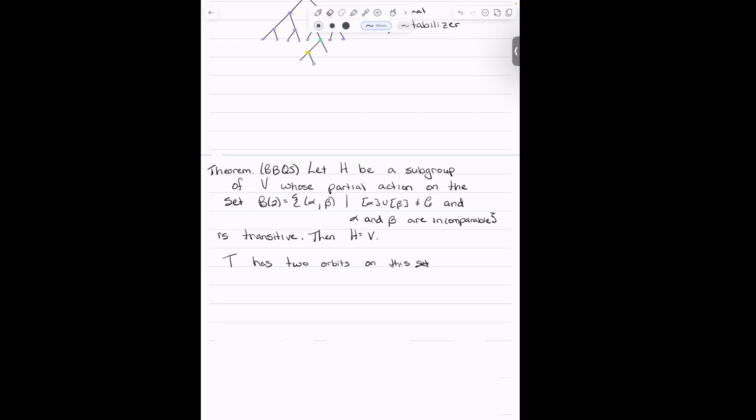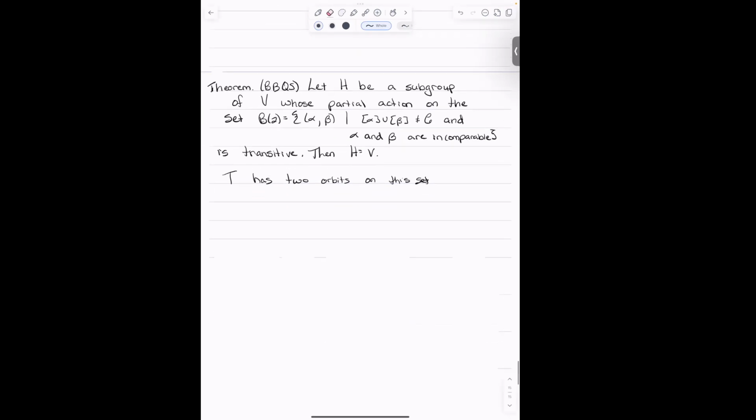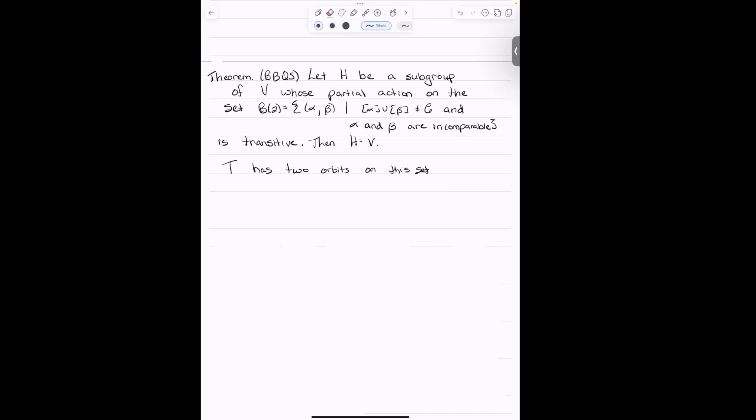But then, again, if we remember that it's standard to think about V as being this infinite symmetric group, then you can go back to these old theorems from the 60s and 70s, where people studied at length what subgroups of symmetric groups can look like.